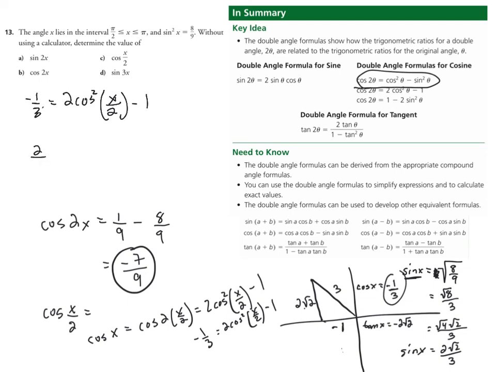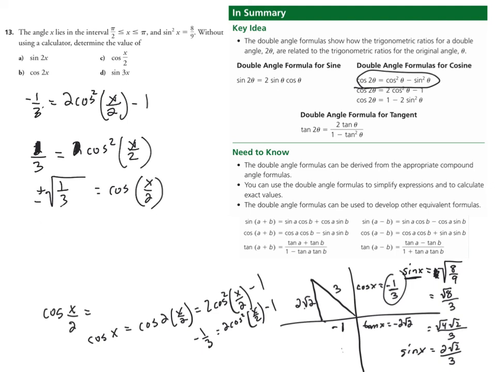So we're going to have 2/3 equals 2 cos squared x over 2. Divide both sides by 2. And then you take the positive or negative square root of both sides. So plus or minus root 3 equals cos of x over 2.